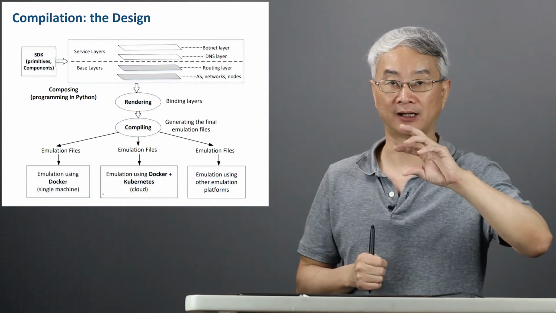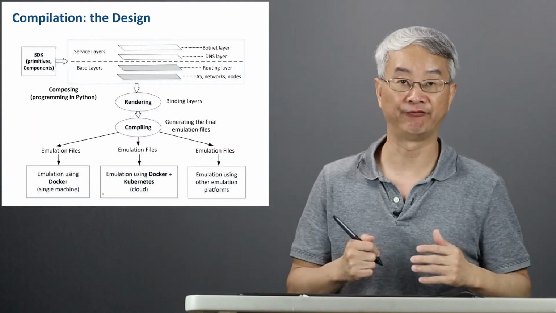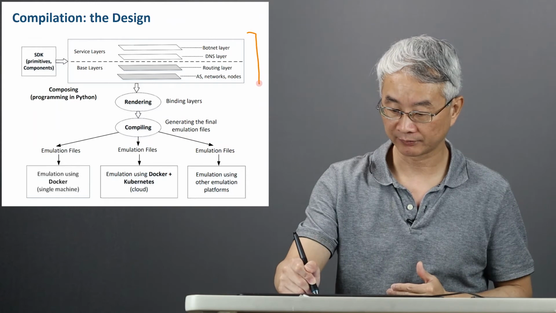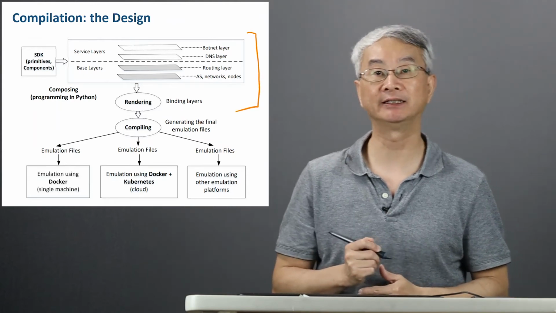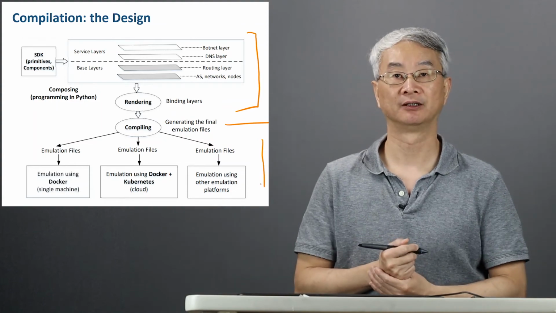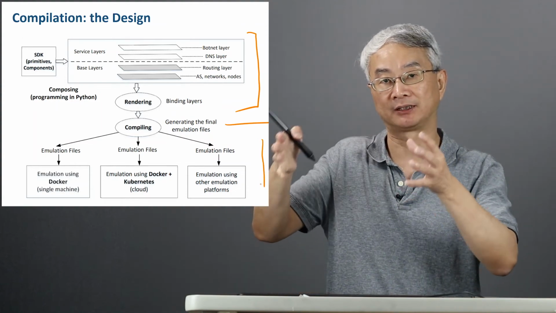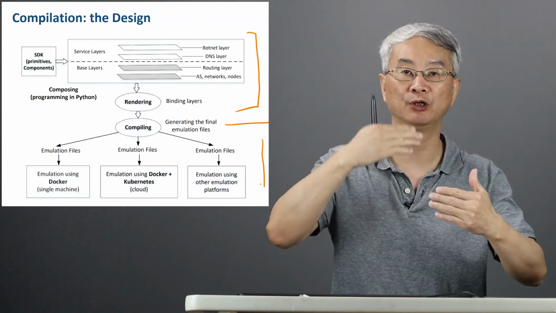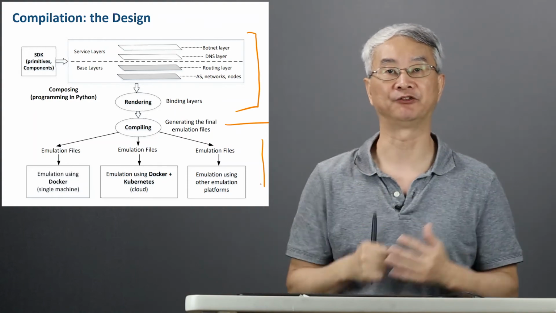Now, this is another place where I want to emphasize the composition is independent from the emulation. Okay, this part is emulation. Now, our file, whatever we compose, can be actually used to run on different platforms.